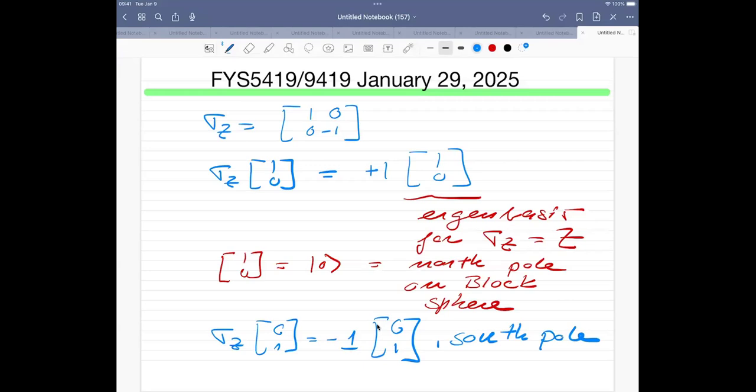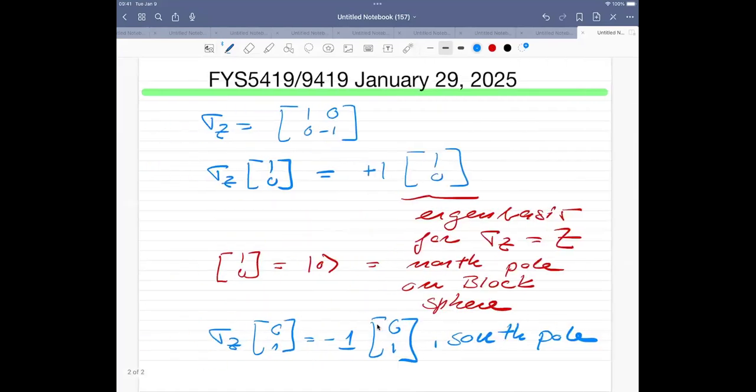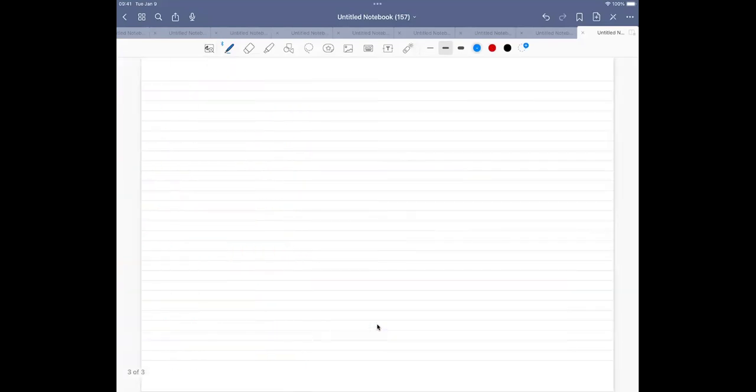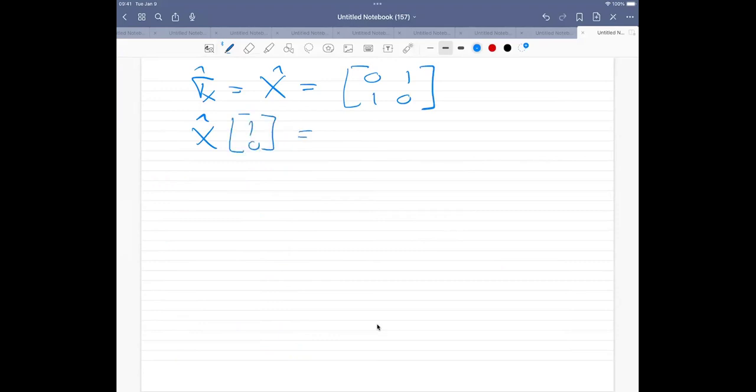Now, if you take the Pauli X matrix, which we'll also write like this, given by (0, 1; 1, 0), and we act on this one as an operator, so I should put hats because these are operators, what we see is that this is the same as (0, 1; 1, 0) acting on (1, 0).